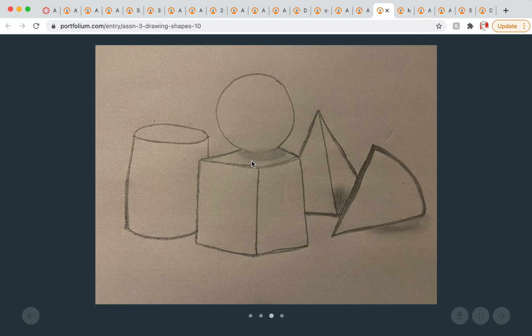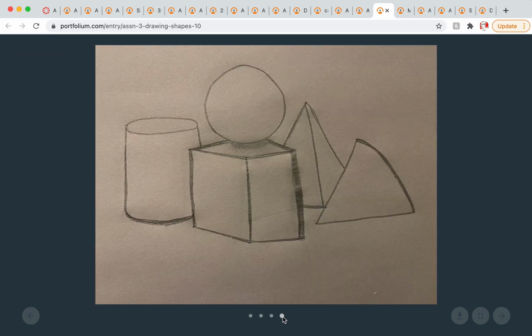So finding where that middle is and then making that sphere rest on it is important. Okay, these are looking better and better. This needs to have a little bit more of an angle on it, and the sphere needs to rest more in the middle, but these were improvements, so nice job on that.